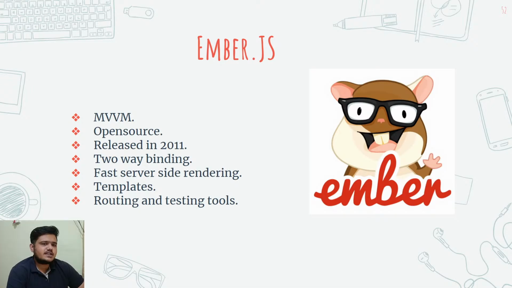This framework is considered to be pretty stable and seamlessly working for different needs, right? Here Ember provides two-way data binding, synchronizing the view and the model in real time. It's known for speedy server-side rendering.